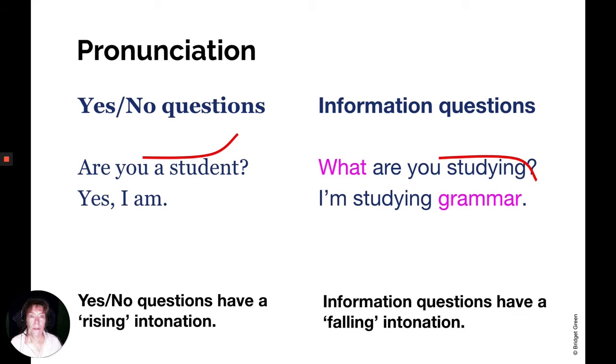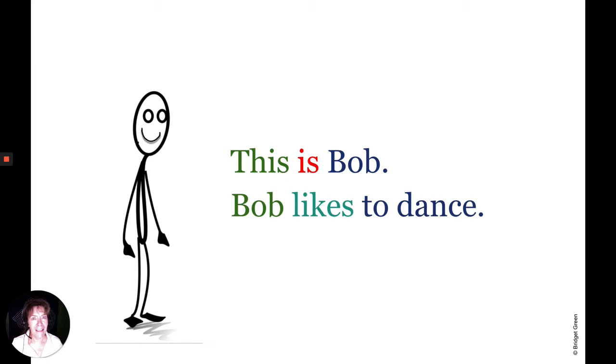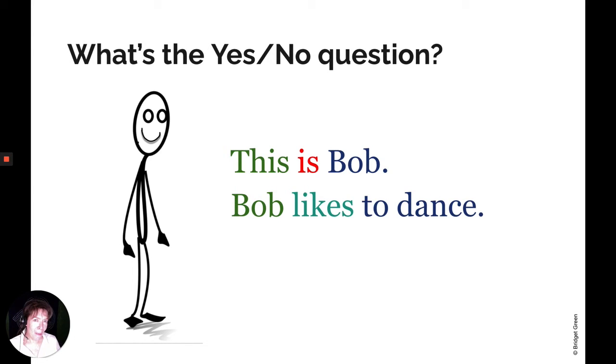Now, I would like to introduce you to someone. This is Bob. Everybody say, hi, Bob. That's Bob. Now, guess what? Bob likes to dance. Can you tell me the yes-no question for this sentence? Bob likes to dance.